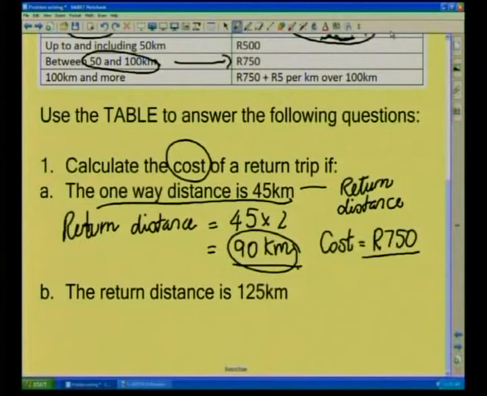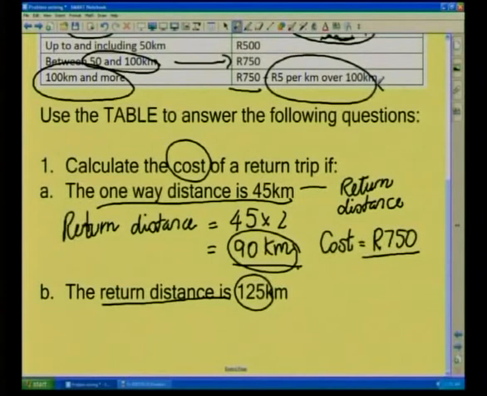The way they could have caught you out on that one is that they could have presumed that you weren't going to notice that the cost was for your return trip. So read carefully. B, the return distance is 125 kilometers. Now, if we look back at this table, it says if there is 100 kilometers or more, it is 750 plus 5 Rand per kilometer over 100 kilometers.